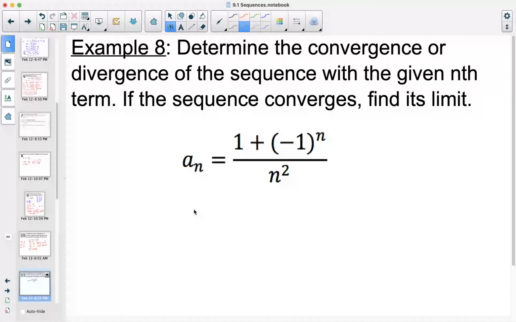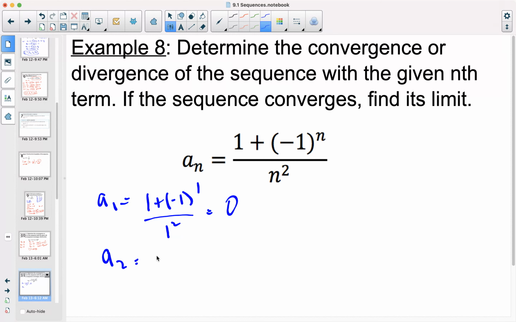All right, on example 8, the directions are exactly the same as the example we just did. So the first term is going to be 1 plus -1 to 1 over 1 squared. That's just 0. The second term is going to be 2 over 4.